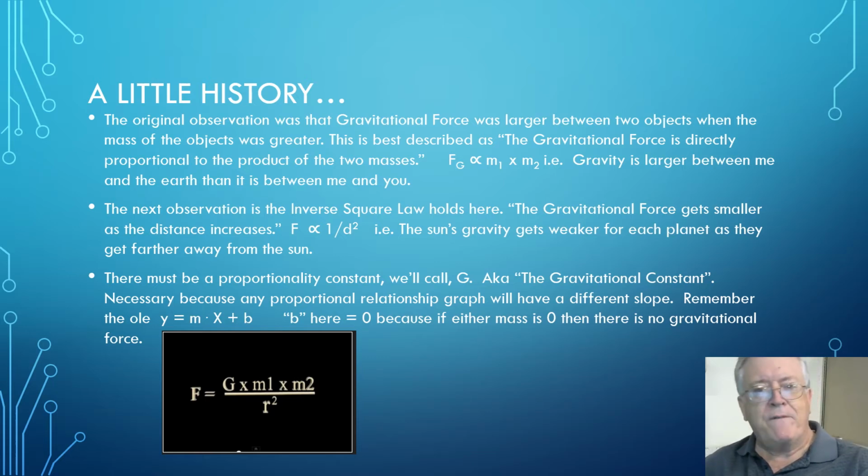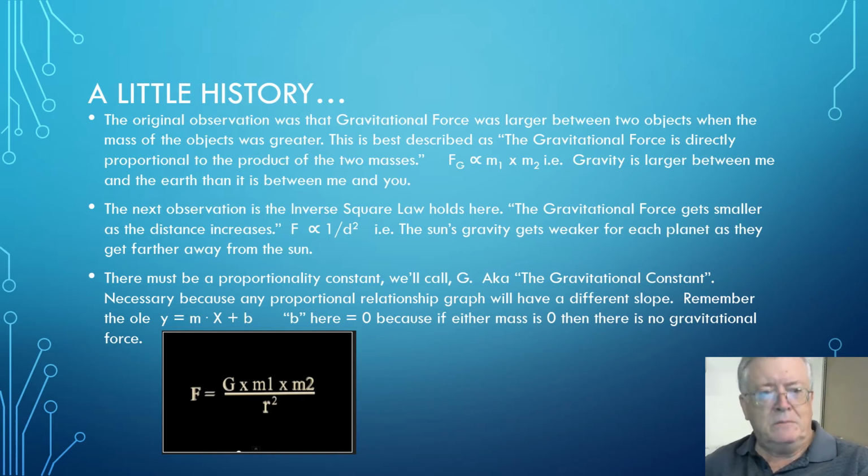So F sub big G is proportional, that's what that little symbol is, to mass 1 times mass 2. Again, gravity is larger between me and the Earth than it is between me and you.